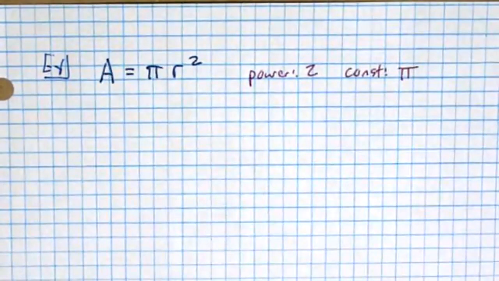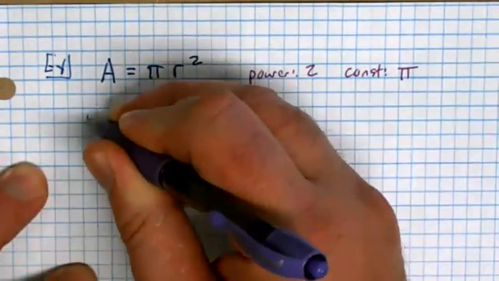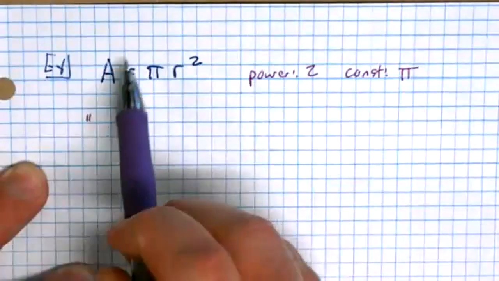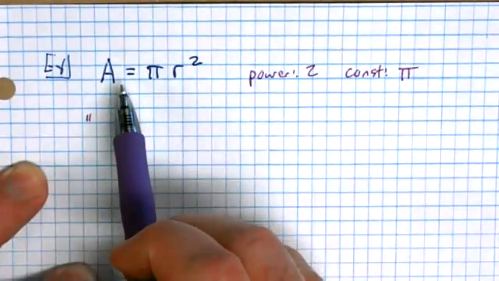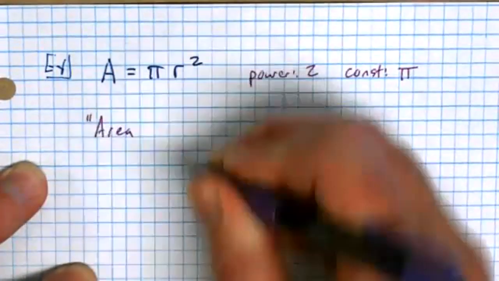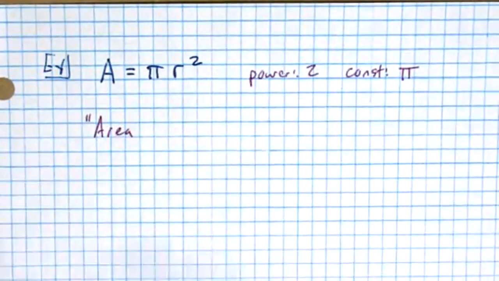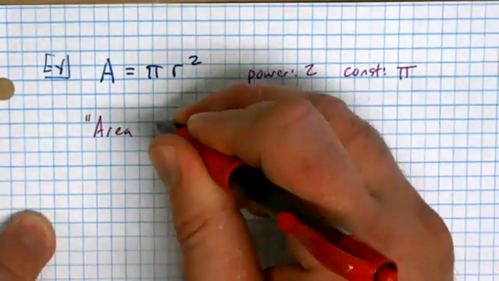We're going to translate this into words. A portion of your homework is going to be kind of the reverse of this. They'll give you the words and you're going to write the equations. So we'll practice that a little bit too. All right, a couple of ways we can do this. I would start this off as A. We know what this formula is, right? A stands for what? Area of a circle. So the area, and then there's 2 ways that we can do this. The book uses these interchangeably.